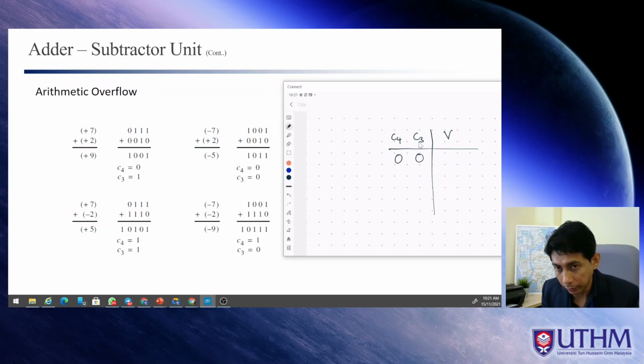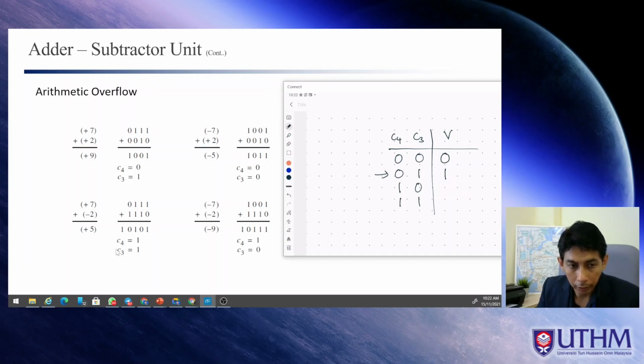We can have 0, 0, or 0, 1, or 1, 0, or the last one, 1, 1. And look at this: if this is 1, 0, C3 equal to 1, this should be this case, right? So we have overflow equal to 1. In this case, 0, 0, when C4, C3 equal 0, 0, we don't have any overflow.